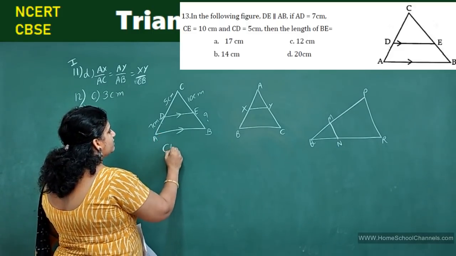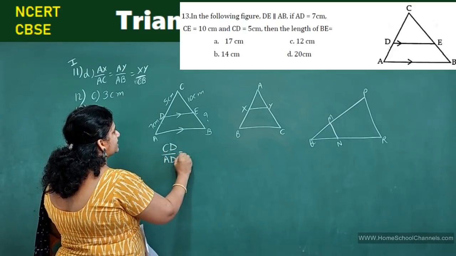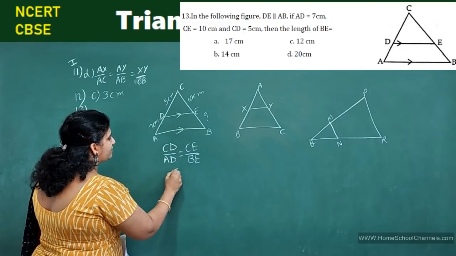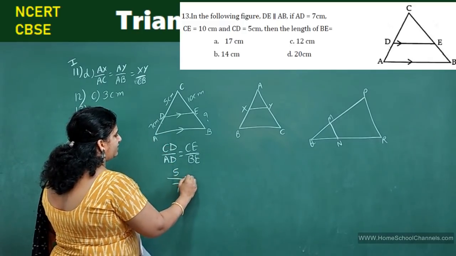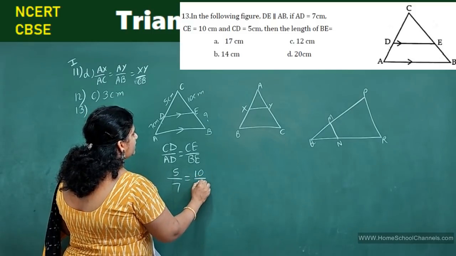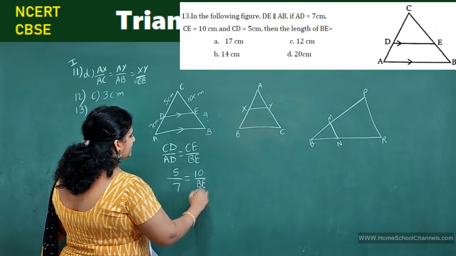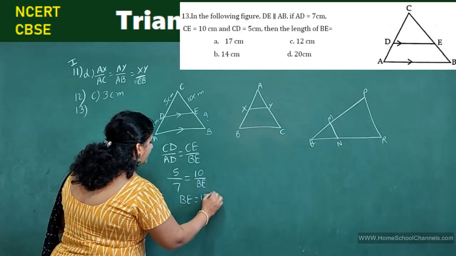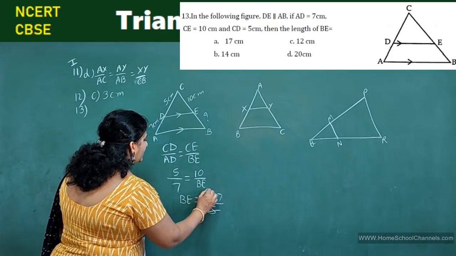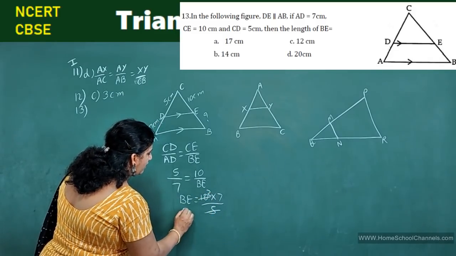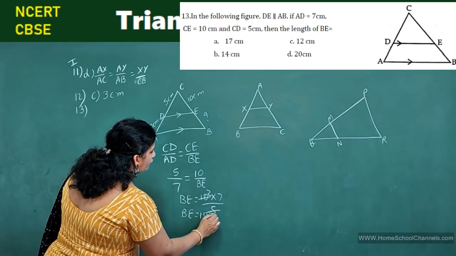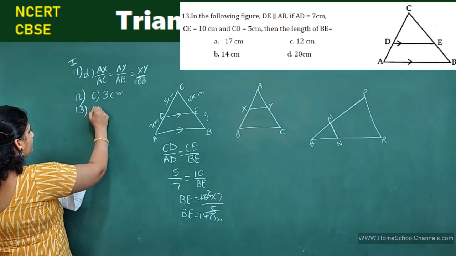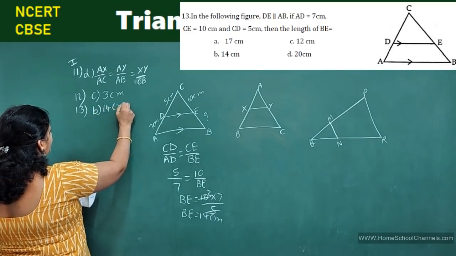That means CD by AD is equal to CE by BE. CD value is 5 and AD value is 7. CE value is 10. BE value we don't know, so we write it as BE. Now cross multiply. BE is equal to 10 into 7 by 5. 5 twos are 10 and 7 twos are 14. BE is equal to 14 centimeters. Check for the option. Option B, 14 centimeters.